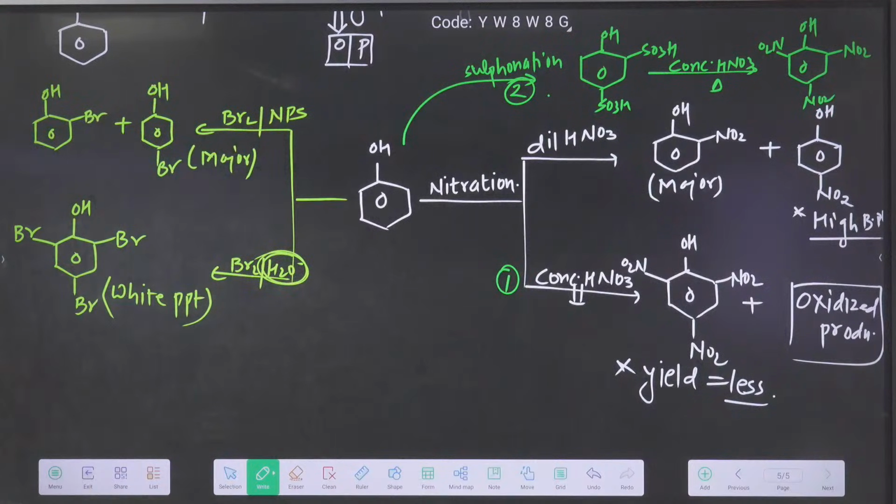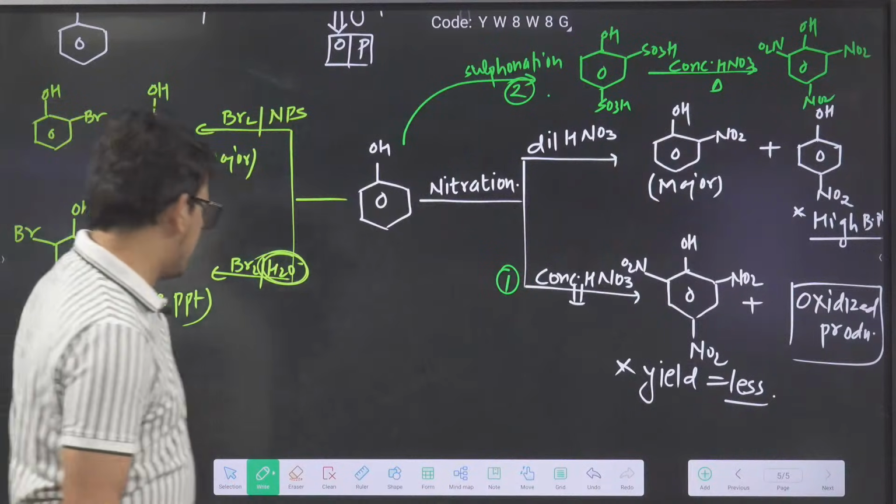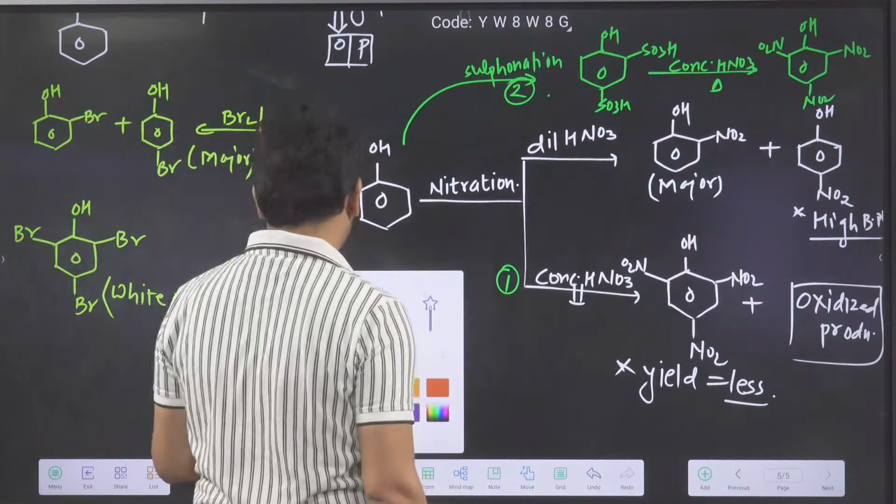Next, halogenation and nitration are done. Now next is one of the reactions named the Reimer-Tiemann reaction.